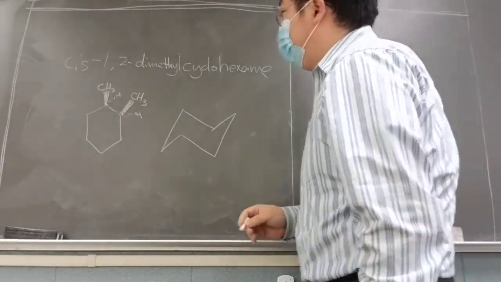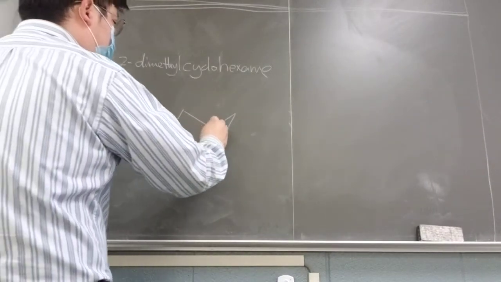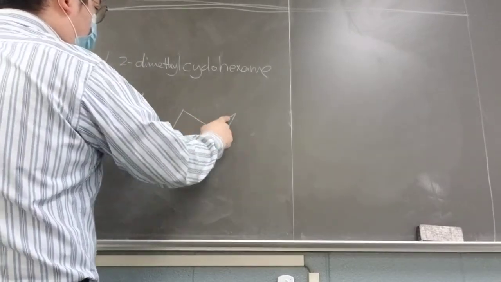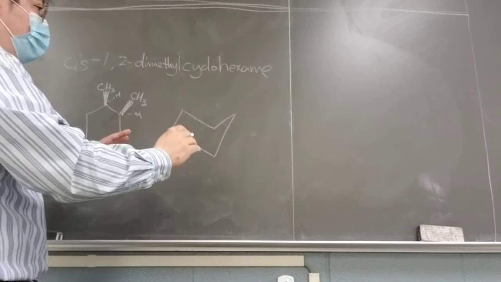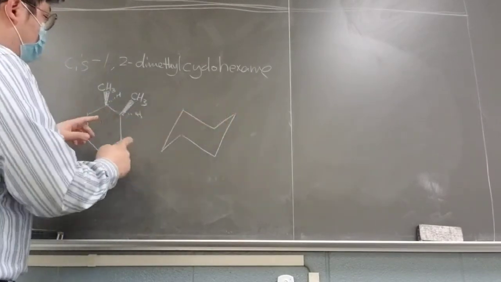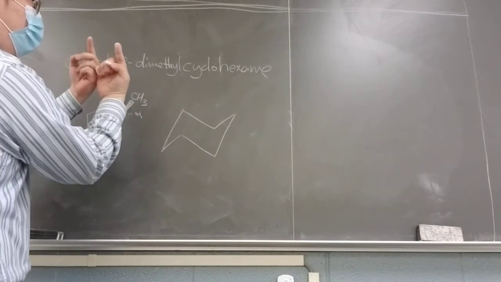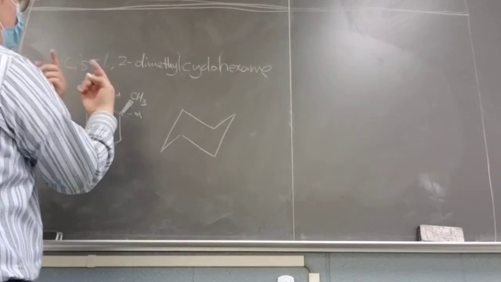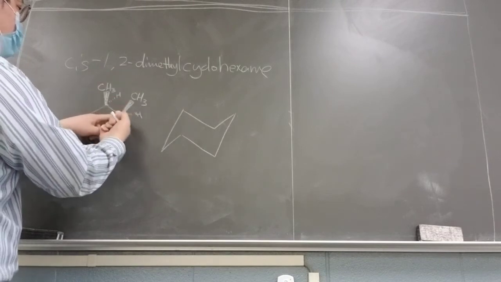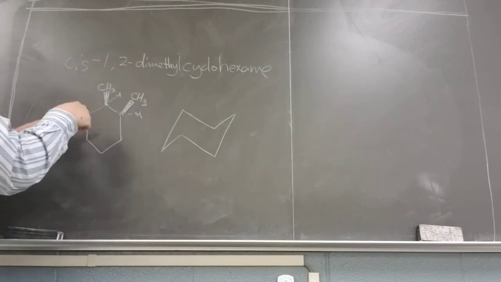So if you try to put this onto the chair, we can put this one here and this one here. It doesn't matter which one you choose. The wedge once again is going toward you, toward where you're looking, but the dashed line is going to the other side of this plane.